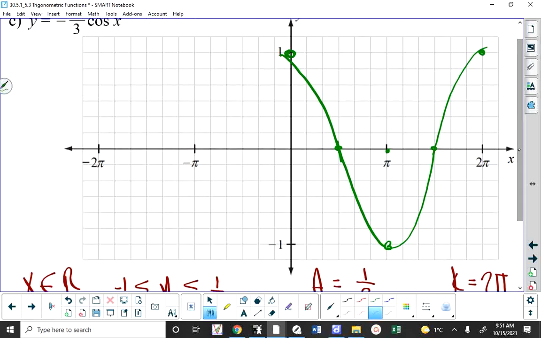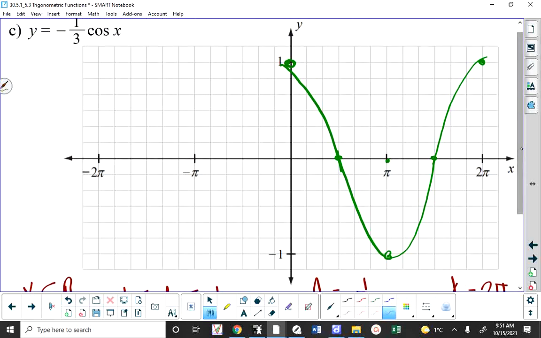So this graph, all of these y coordinates will be 1/3 as great. And you can use your graphing calculator, not right now, but if you want to, to confirm this. Quite frankly, I think we've done enough vertical stretches that you should understand this is the case.